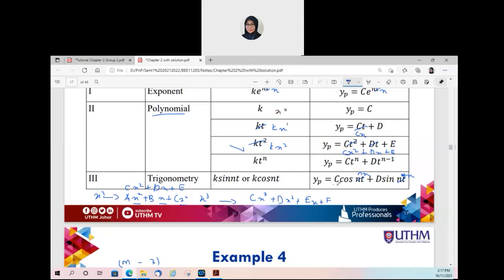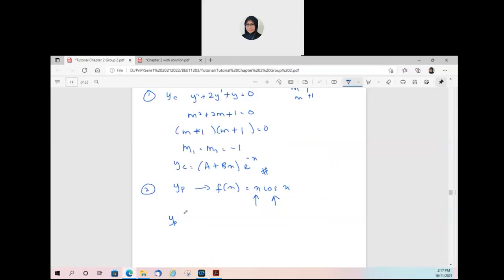You will have two different constants here: C for cos, D for sin. In general, it will be C cos x plus D sin x. Right?